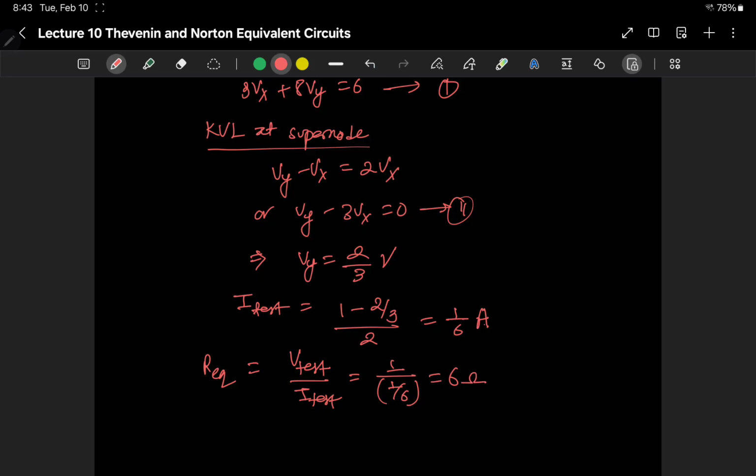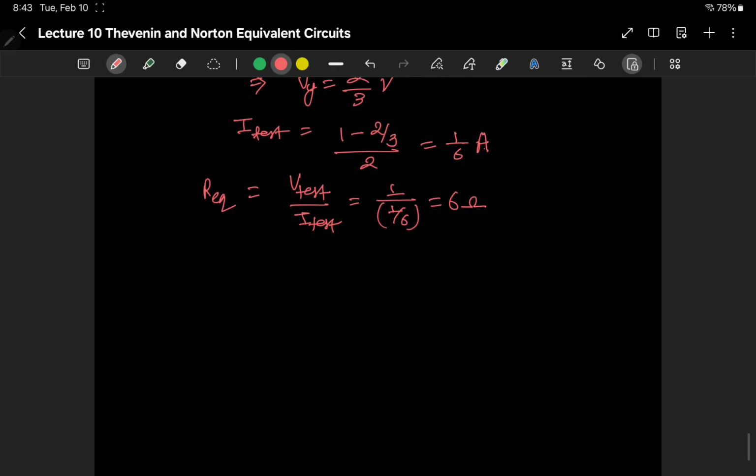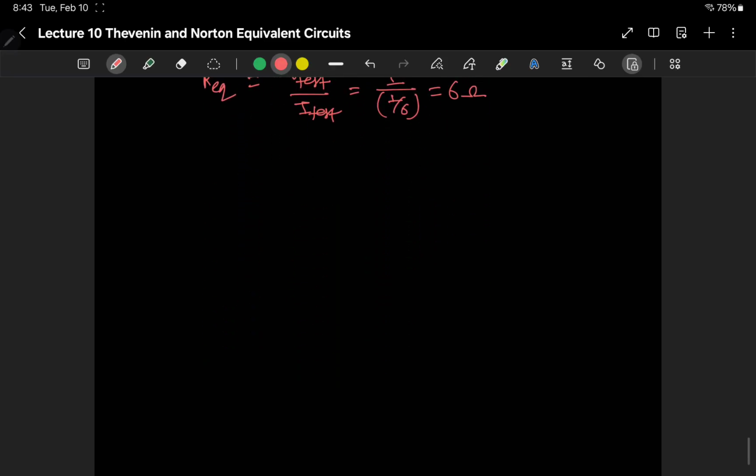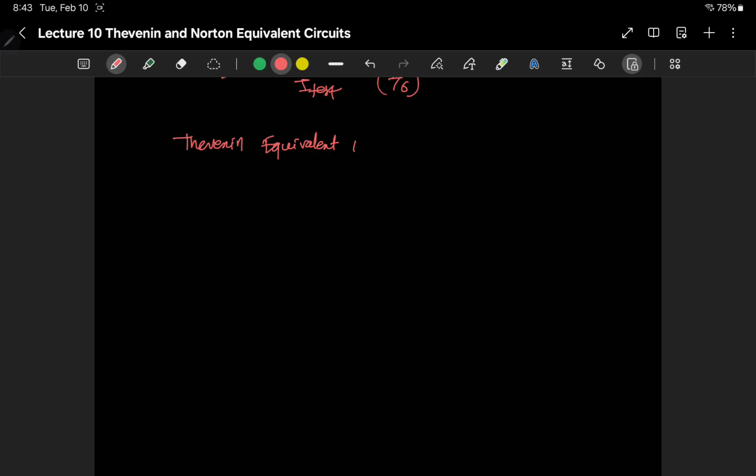Okay. So finally we can draw the Thevenin equivalent circuit. The Thevenin equivalent circuit will be like this.